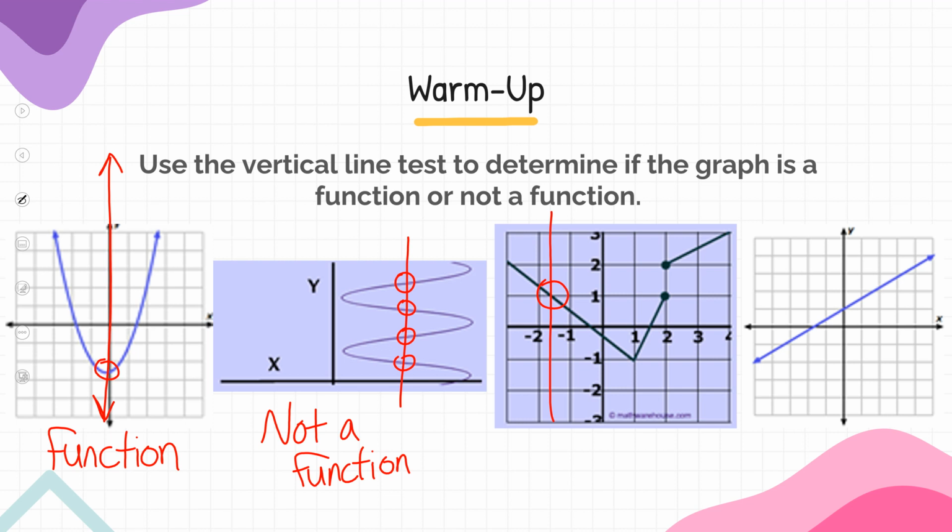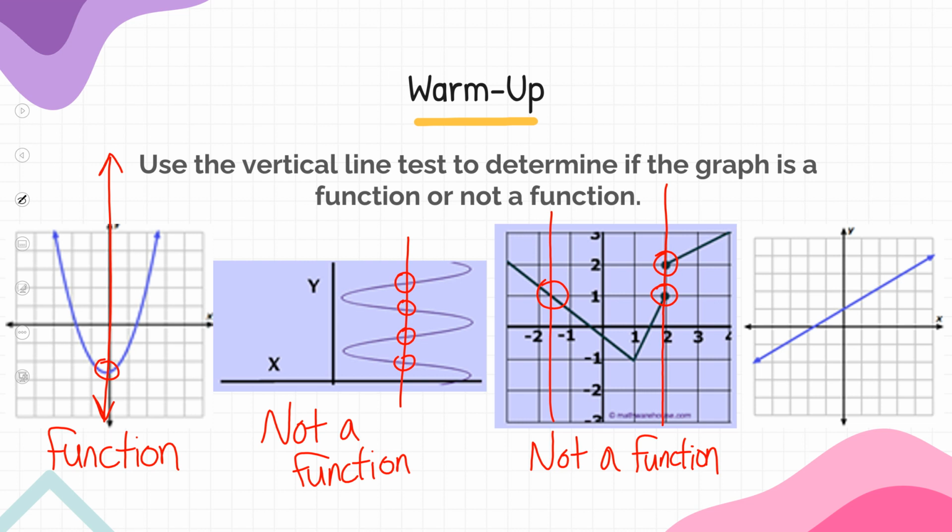But if I were to continue on and look at where x is 2, I've now got 2 points on this graph. So this is also not a function, because for that x value, there are 2 different y values, so therefore it cannot be a function.